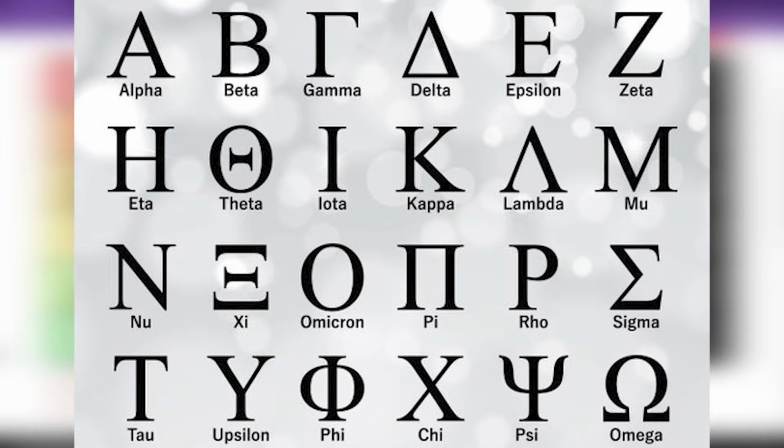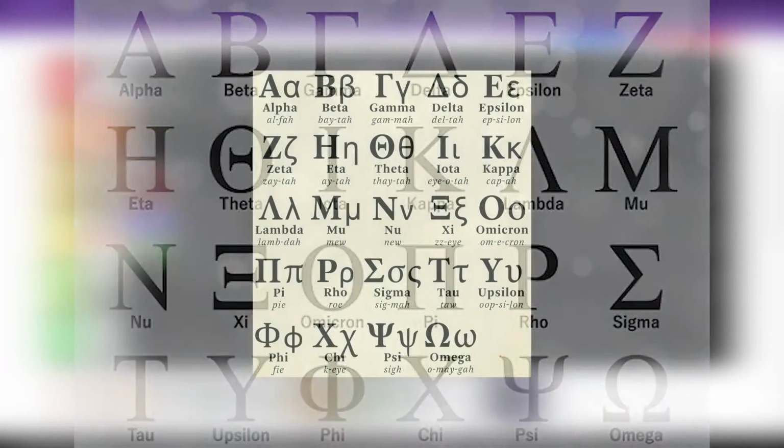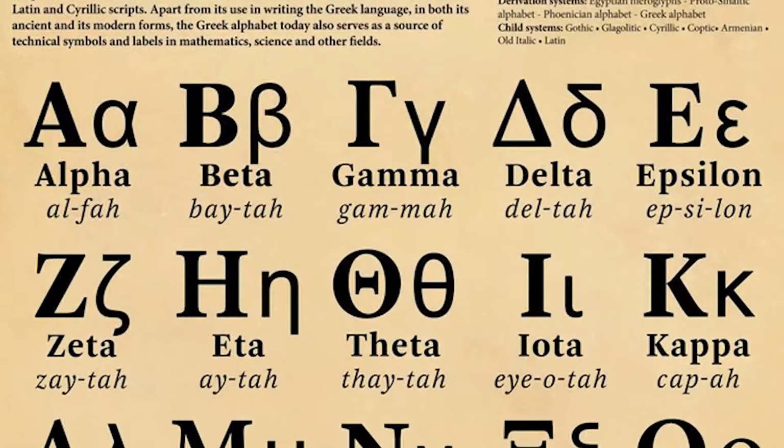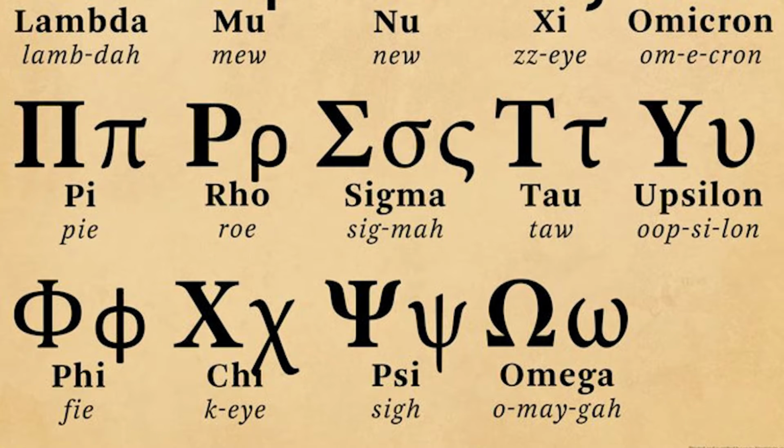Next up, we have the Greek alphabet. Greek, similarly to the Russian alphabet, has many similarities to the Latin alphabet, and then they have something extra. And the extra letters are what make the Greek alphabet amazing.